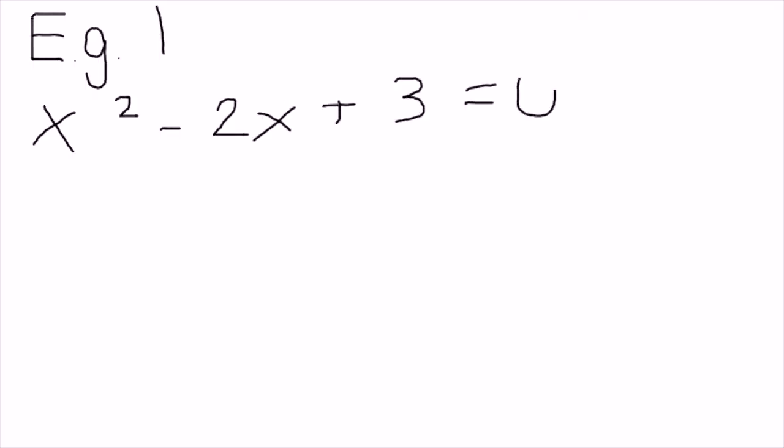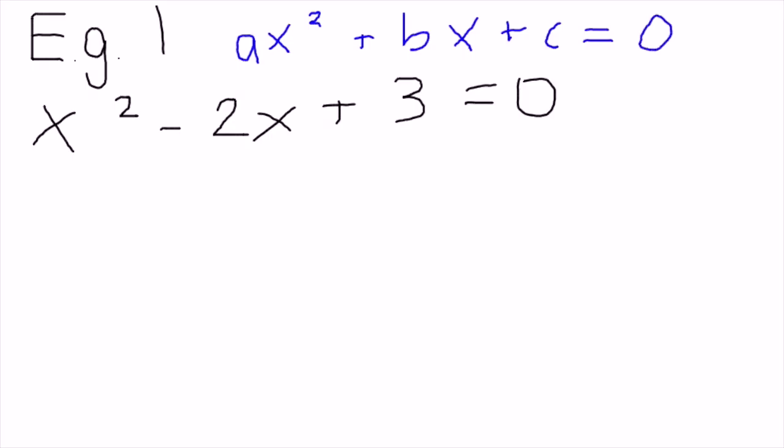Example 1. You are given the equation x squared minus 2x plus 3 is equal to 0. You must know that when solving quadratic equations, you have it in the form of ax squared plus bx plus c is equal to 0.